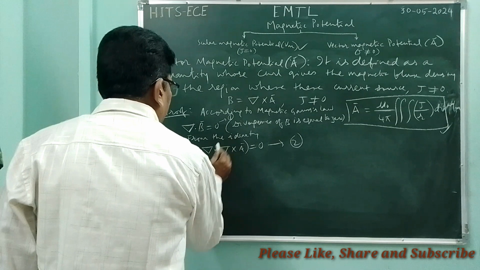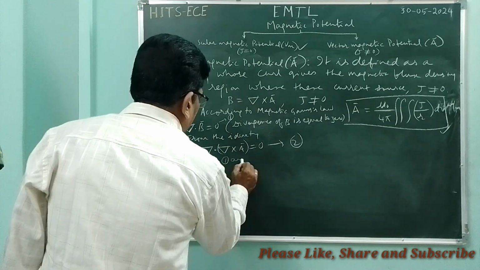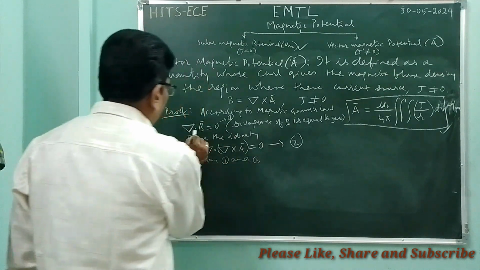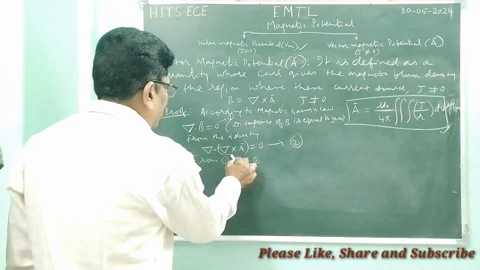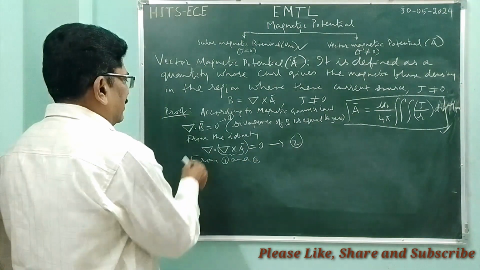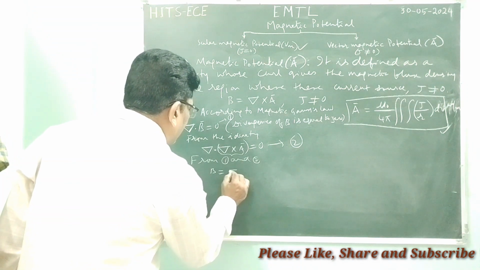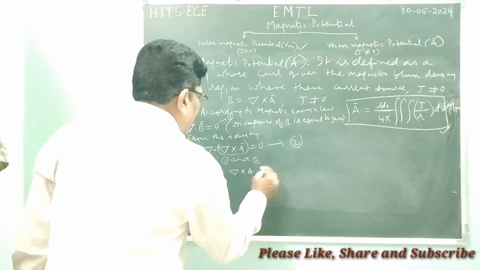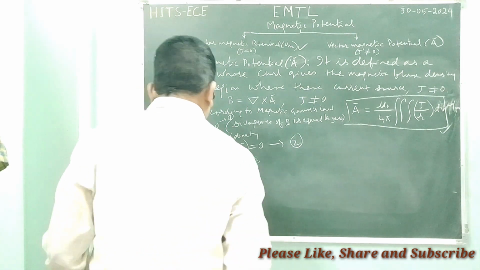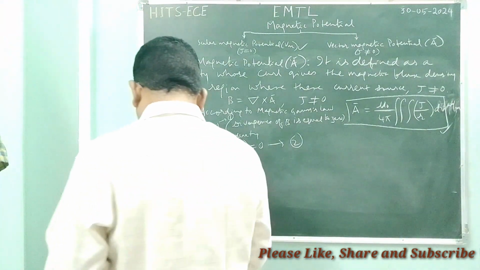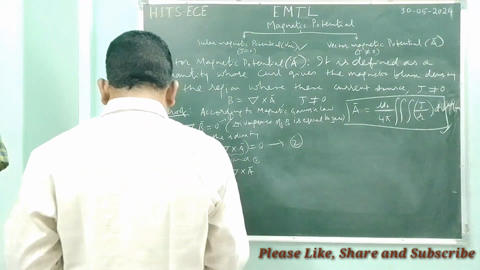Let the first one be equation number 1 and this be equation number 2. So from equation 1 and equation 2, del dot B is equal to 0 and del dot del cross A is equal to 0, so B is equal to del cross A.